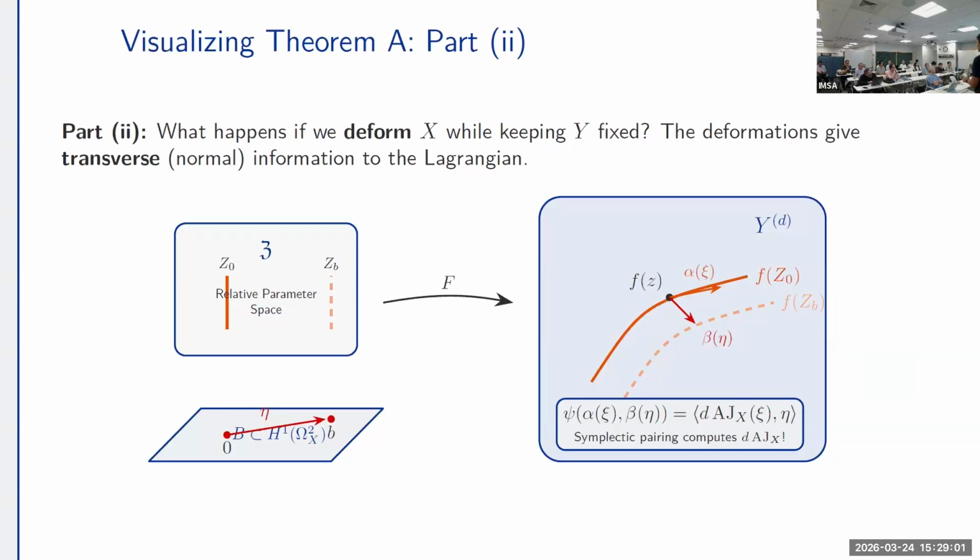So morally, what is happening is if you deform X keeping Y fixed, you map to the normal bundle of this image that we knew was Lagrangian. Okay. I mean, this is not the main part of the talk, right? Just the motivation that we were studying log Calabi-Yau threefolds.